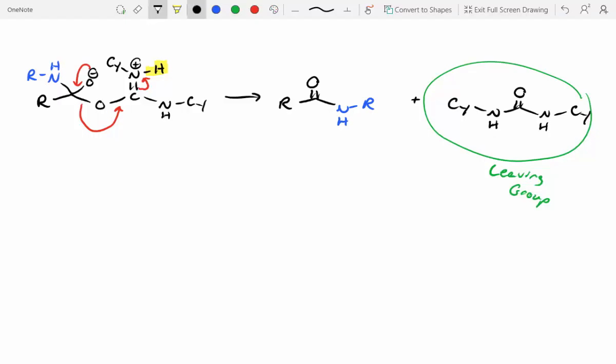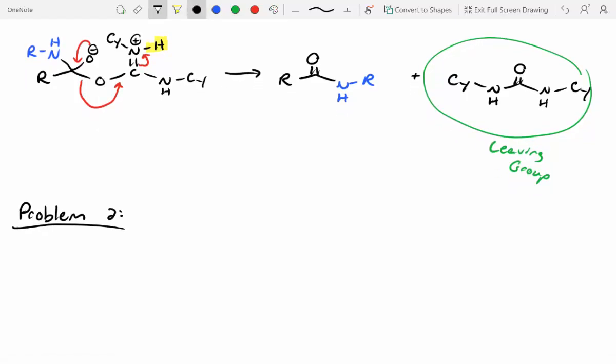However, there's another problem. All right, problem 2 is, let's say I've got this peptide. I'm just going to abbreviate R groups.